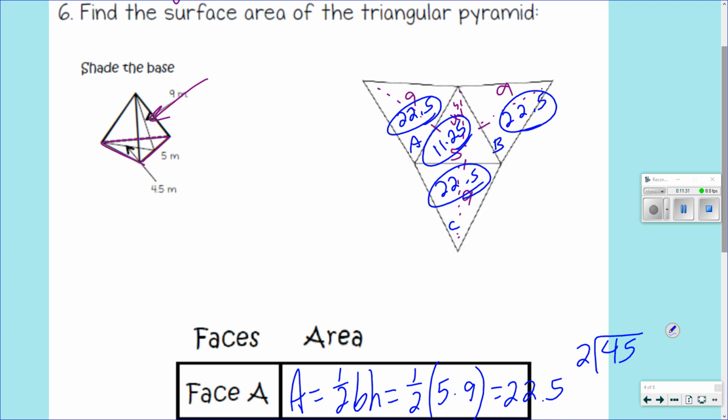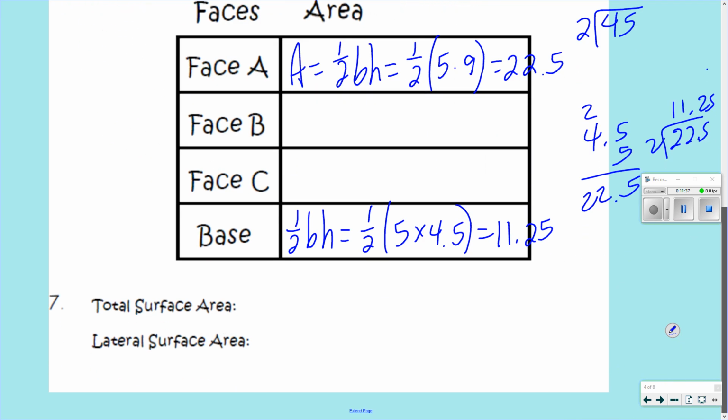Okay, so now on the very bottom, again, it asks us for the total surface area and then the lateral. So what are we going to do for the total? How many 22.5s do we need? 3. And then we also need what? Plus the base.